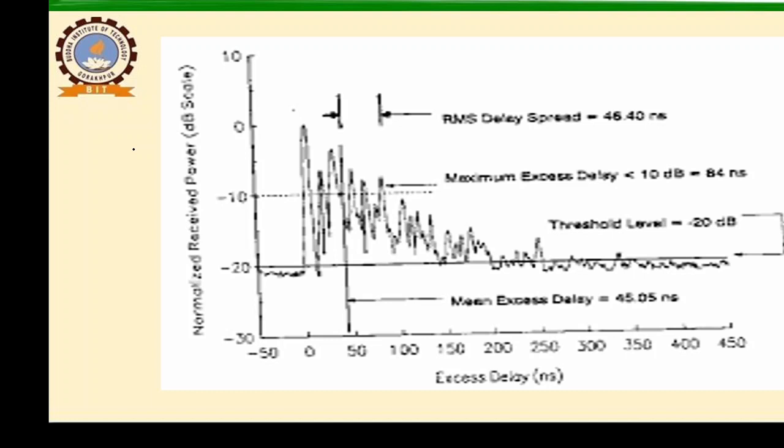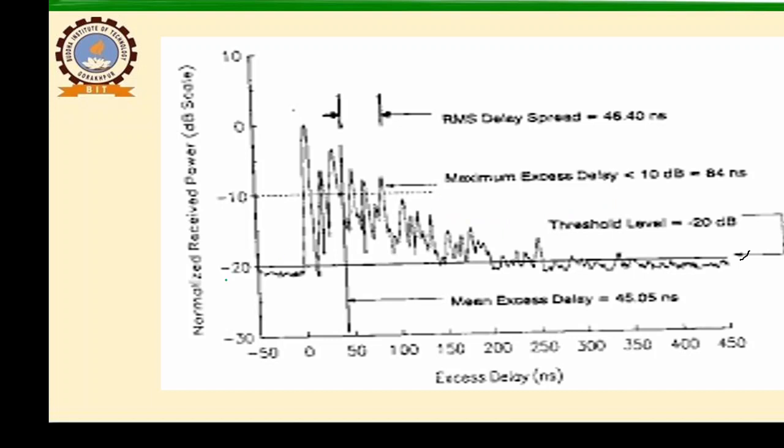So this graph has two threshold levels. One is fixed at 20 dBm, and another one is fixed at minus 10 dB.